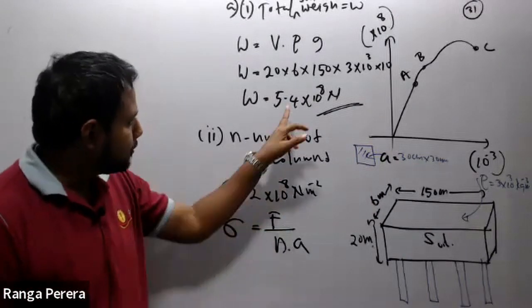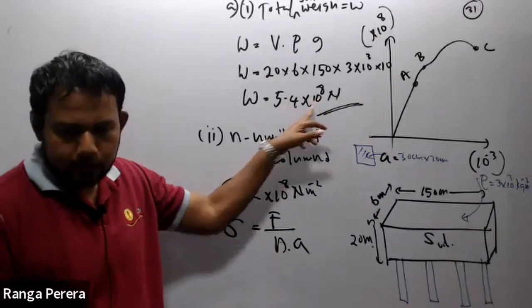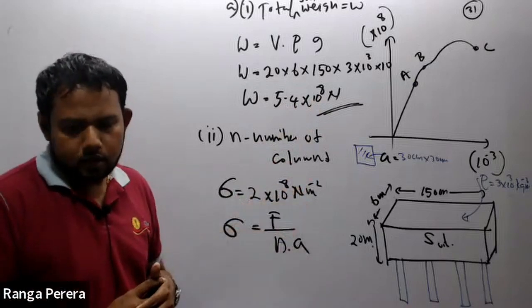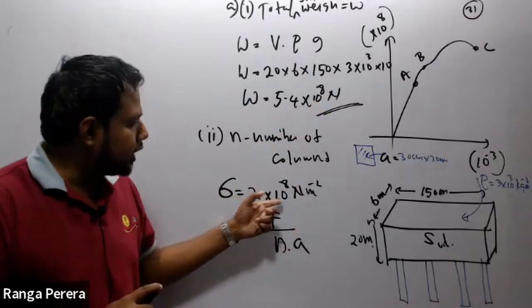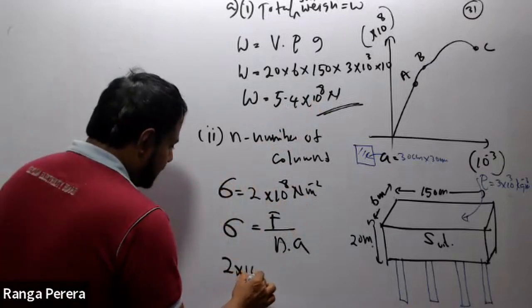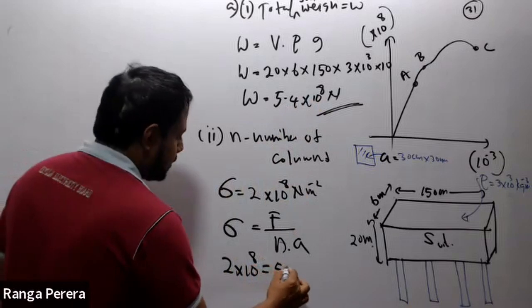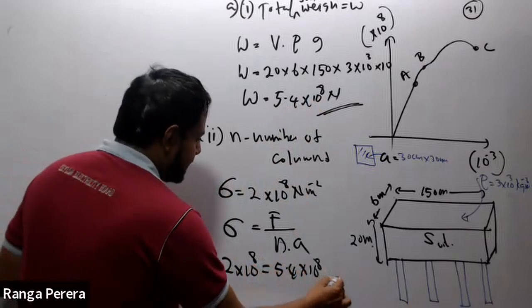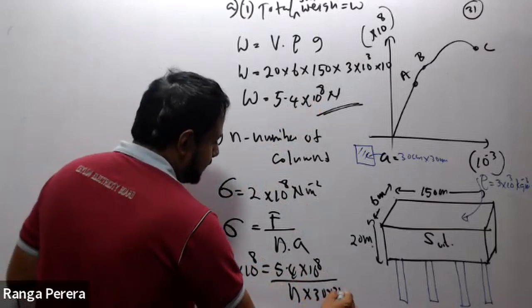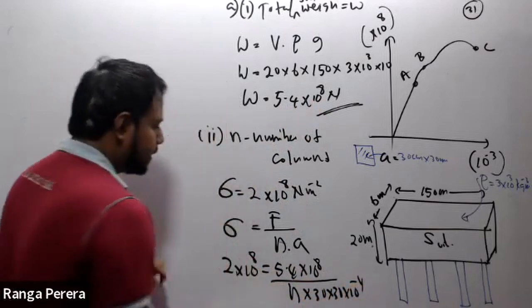Force is how much? 5.4 × 10^8. That has to be tolerated by these columns until the stress is 2 × 10^8. So 2 × 10^8 equals 5.4 × 10^8 divided by n into A, where A is 30 × 30 × 10^-4.